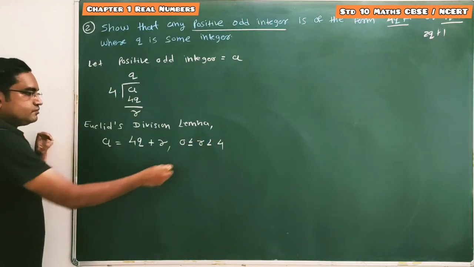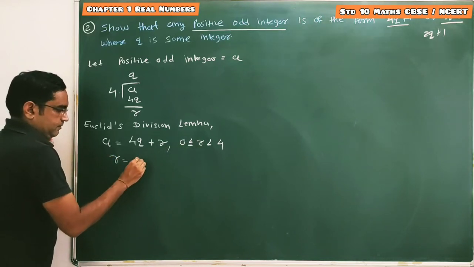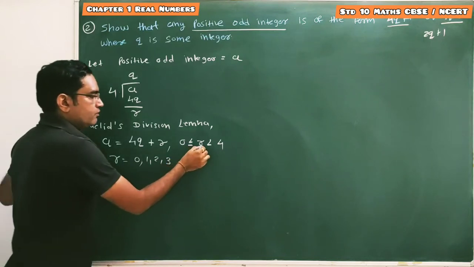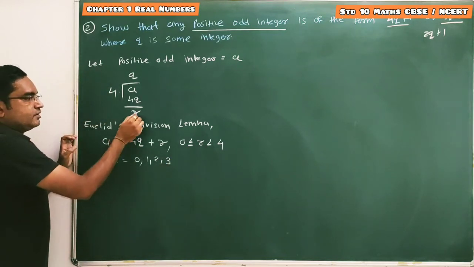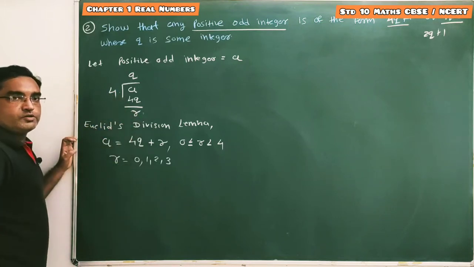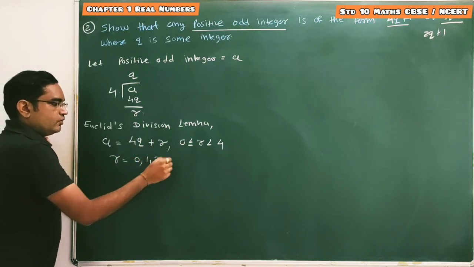So here possible values of r are 0, 1, 2 and 3. Total 4 possible values of r. Remainder r cannot be greater than 4.